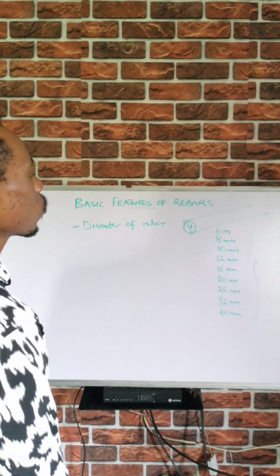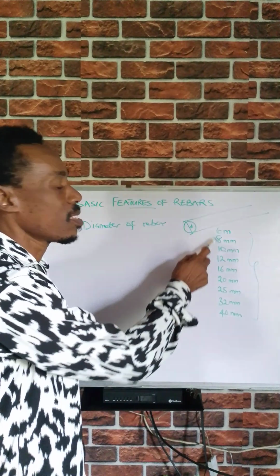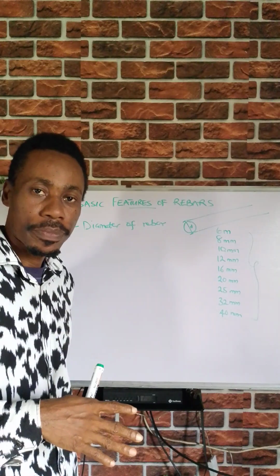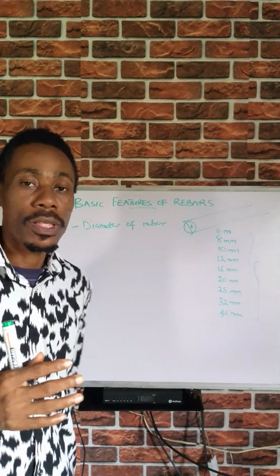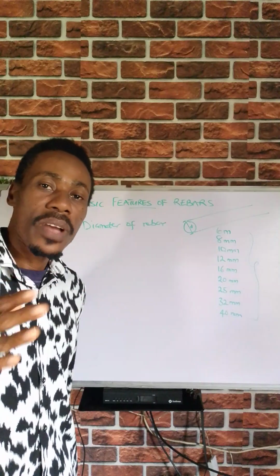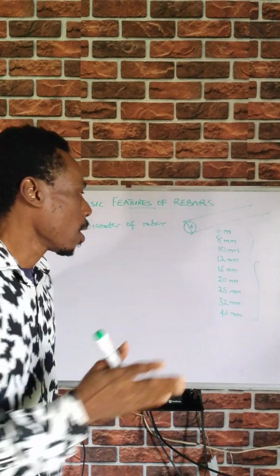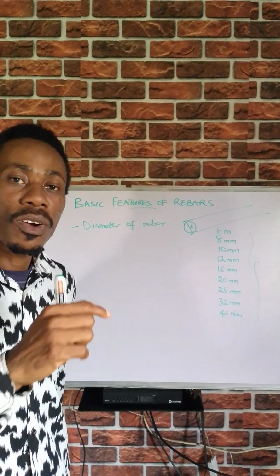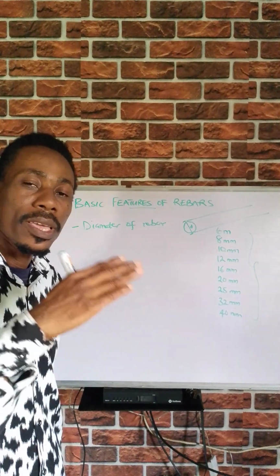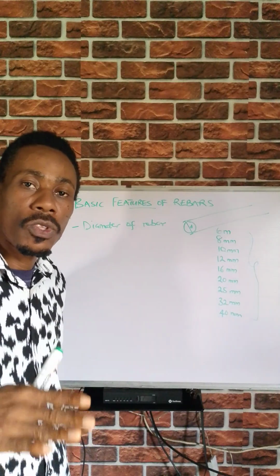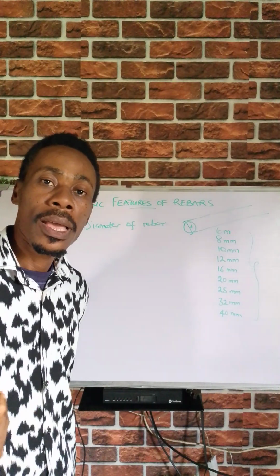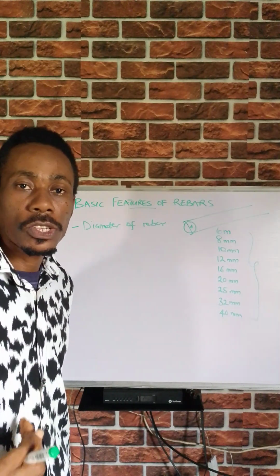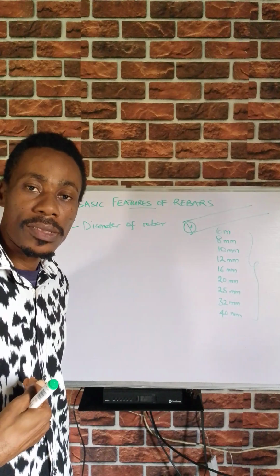All of these diameters have their various areas where they are used in our structure. We have different structural elements that make up a structure, and these various sizes of reinforcement are suitable in different areas, just like in our human anatomy, which is made up of the bone frame structure.